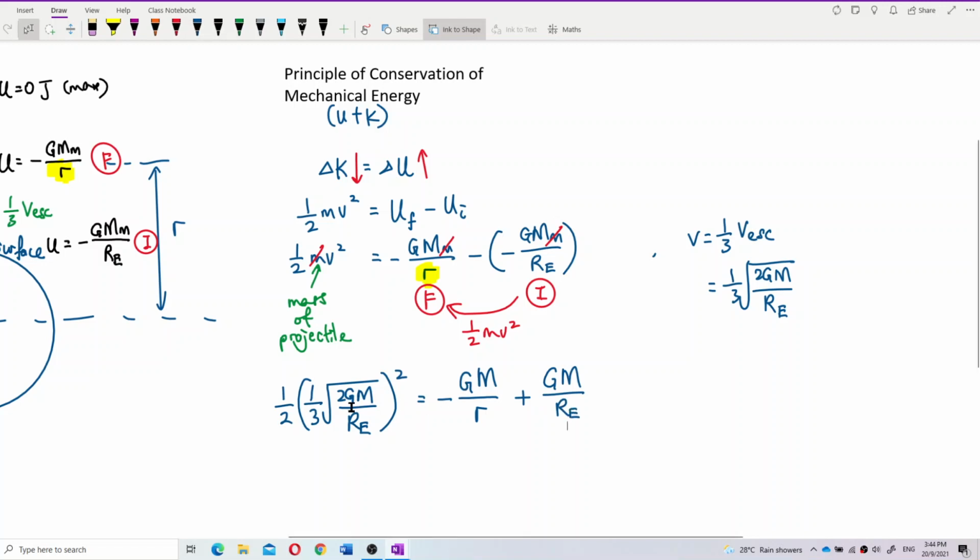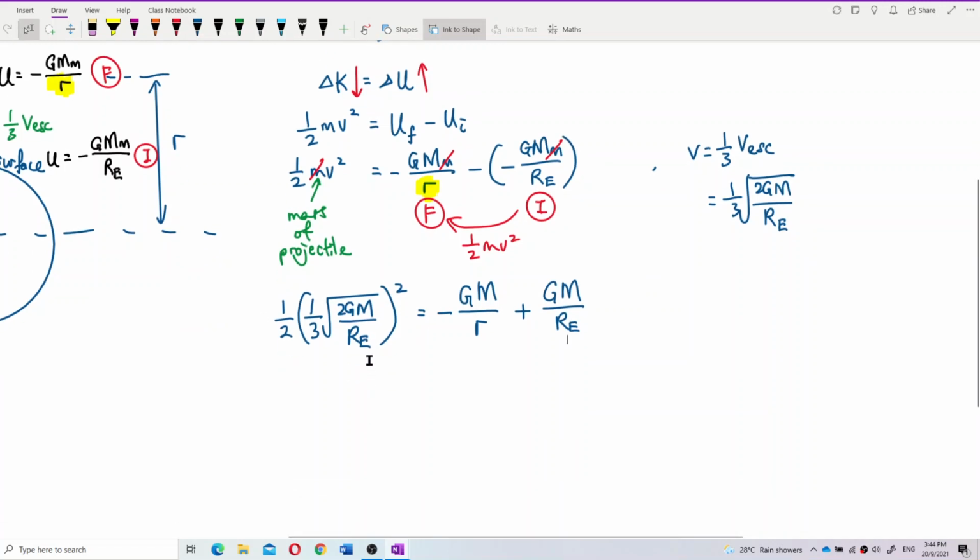Okay, so now square it. What do you get after you square it? You get 1/9, and then this one has a square root. The 3 after square becomes 9, and the square root after squaring is gone. Free from the square root.